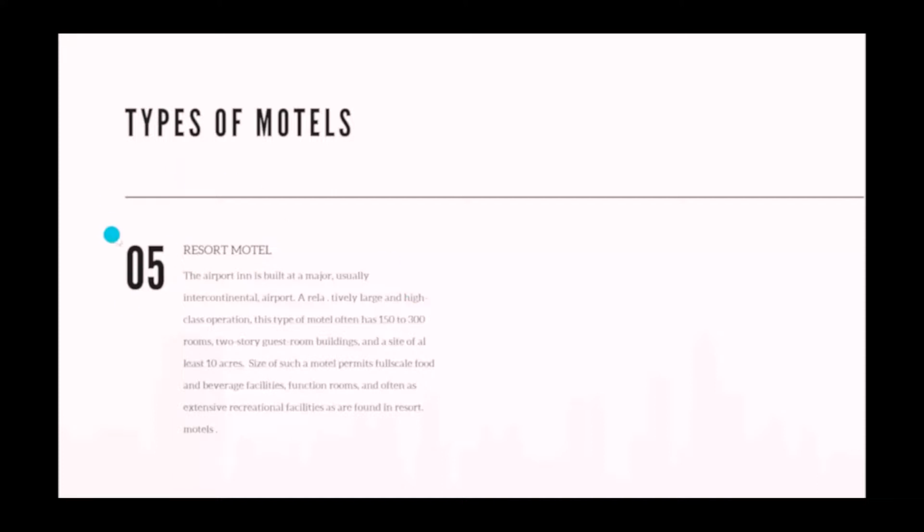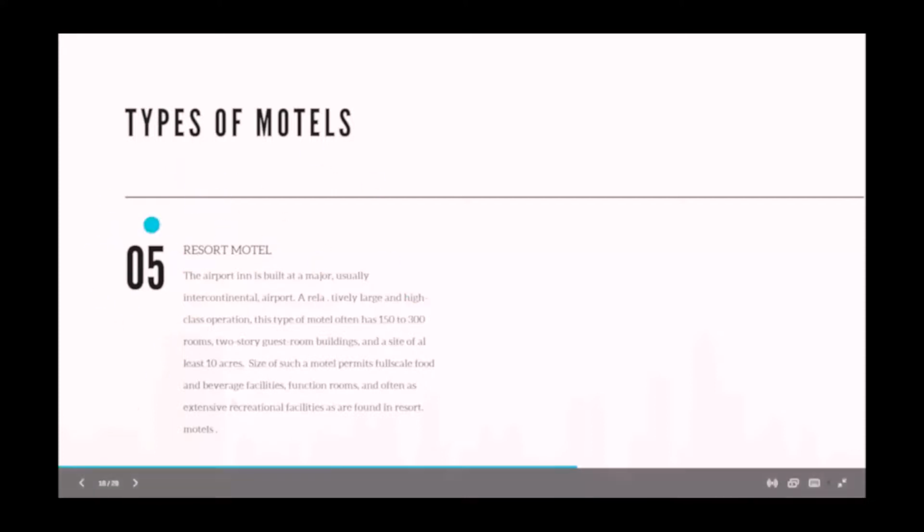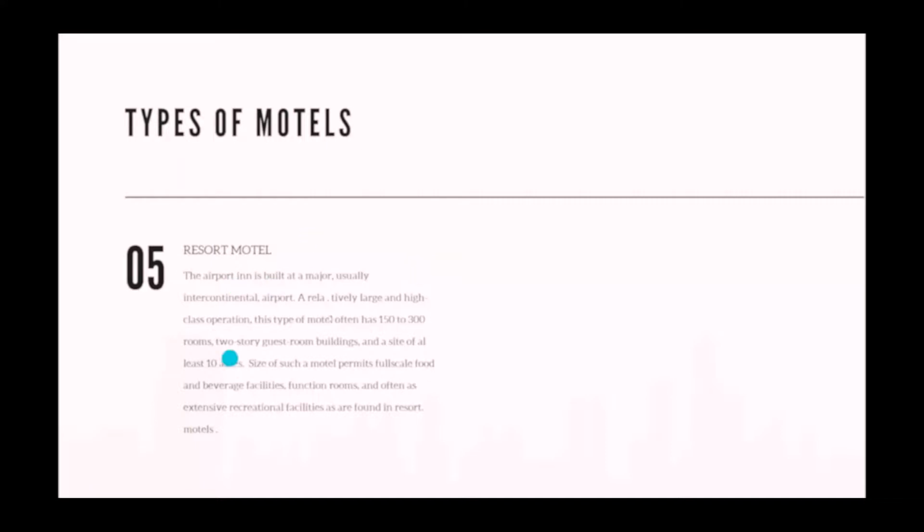This kind of motel caters to foreign or domestic travelers, which permits good recreational facilities and lodging. So yeah, it's like a small-scale hotel. So, airport motel.